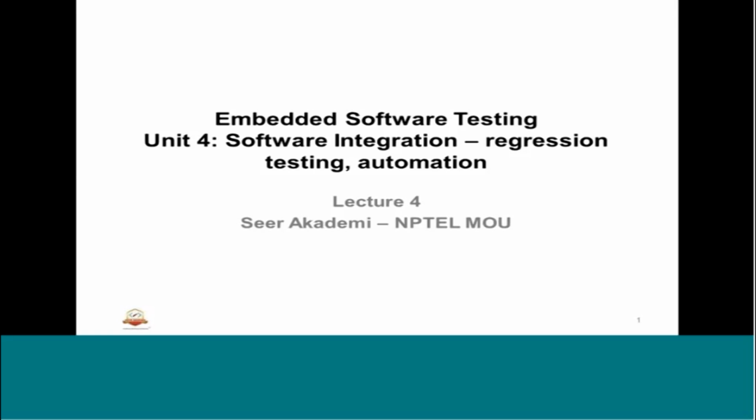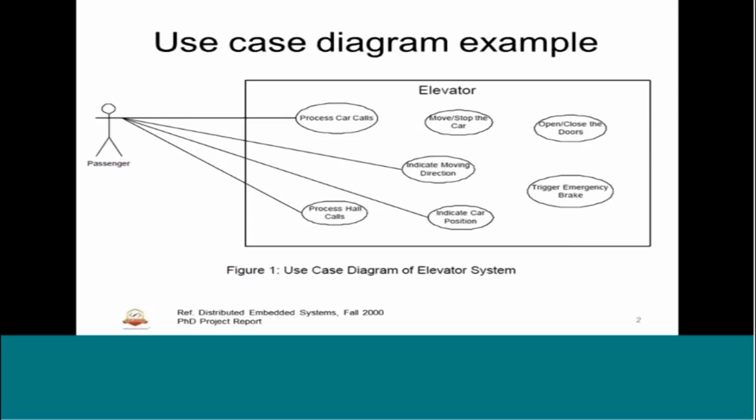Today's session we will try to understand, in continuation of the previous one, a use case diagram example. I'll just brief it. So this is a typical use case diagram. You can see this diagram is drawn for an elevator system.